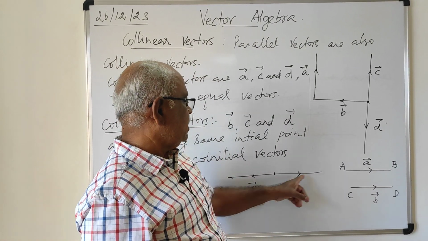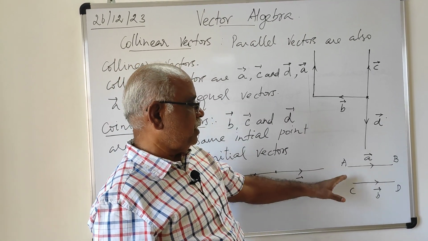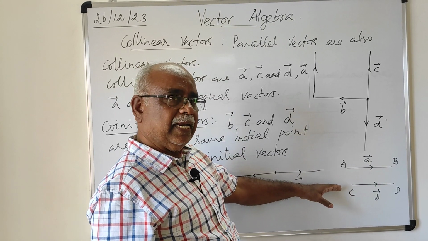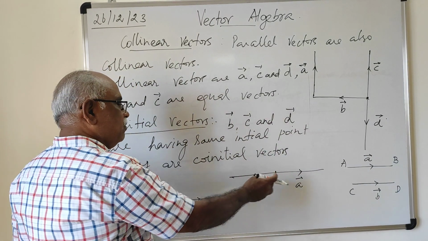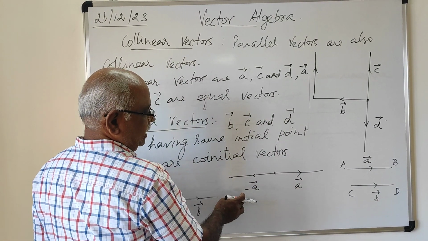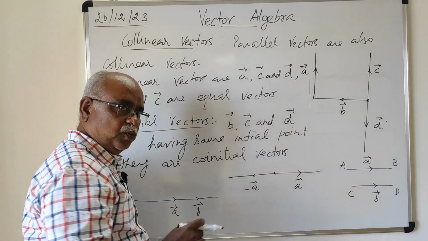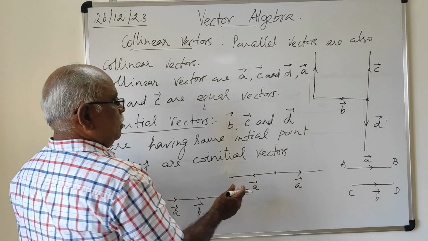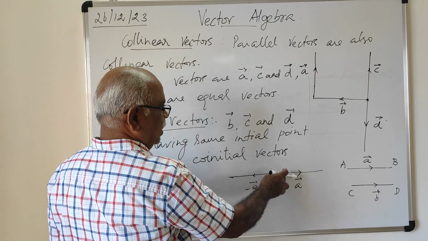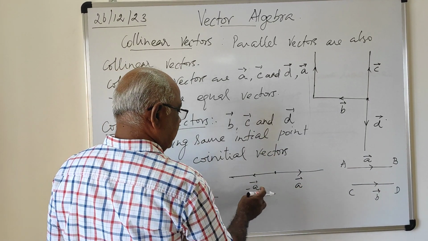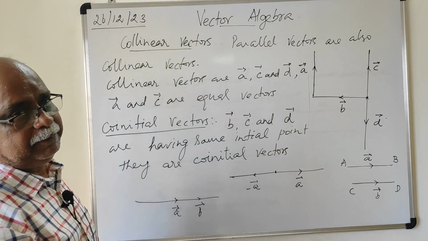Suppose A is a vector acting along one direction, and negative A is acting along the opposite direction of vector A, with the same magnitude. Here the vector A and minus A are collinear vectors.